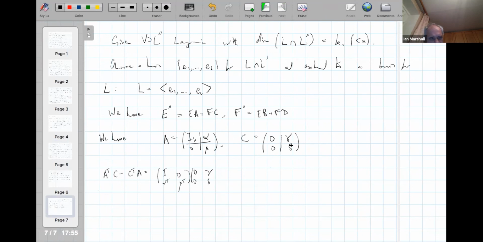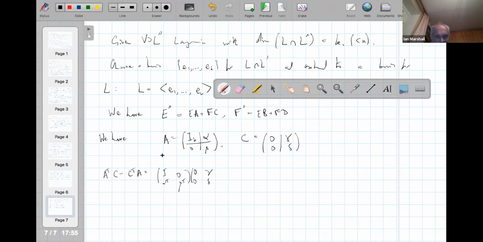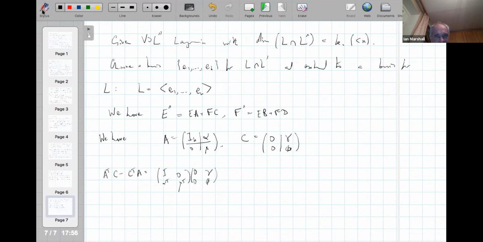By the way, delta is not a great thing to use. Let's choose phi instead.